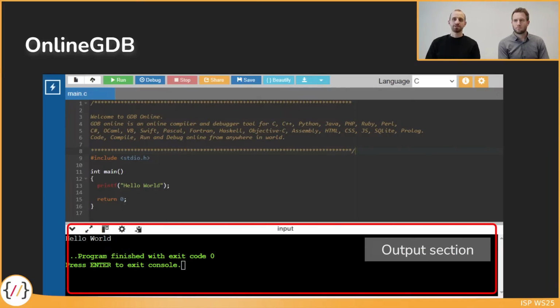Online GDB is kind of an online version. You just need a browser. It's a bit easier to start writing programs. However, you will need some kind of local IDE, so VS Code or whatever, to program your assignments, because it will be too much otherwise in Online GDB.